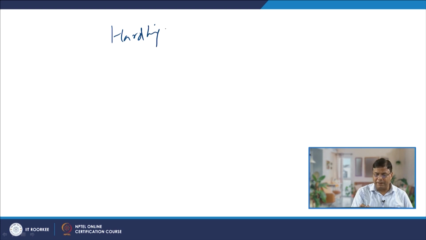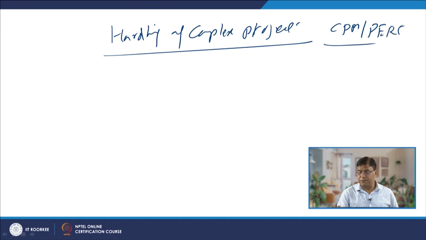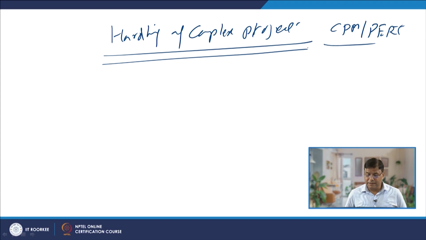So, because of these unique features, these approaches are able to handle complex projects very easily. Handling of complex projects through the CPM and PERT techniques becomes comparatively easier as compared to simpler approaches like the Gantt chart, and that is why these are extensively used.